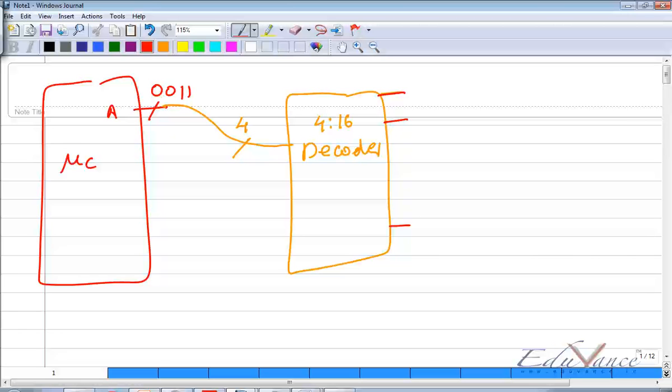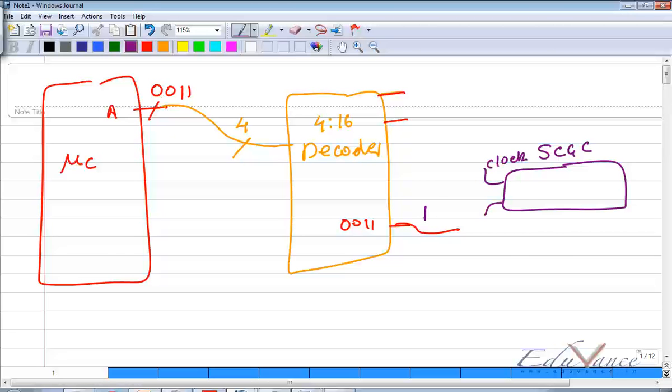So the line of 0011 will give an output 1, and this is your SCGC register. Now every register has two terminals. It has a clock terminal and it has a data enable called DE. So this enable will be connected to the 0011 because the SCGC register, which is the SIM clock gating, and we've named it SCGC1, is connected to 0011 as per our memory map.